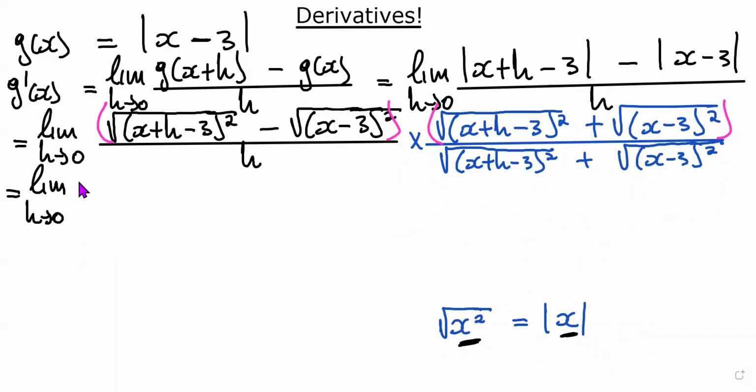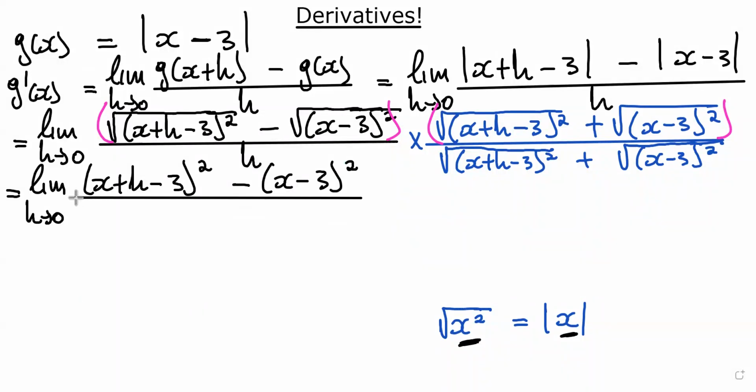Now moving on, if we multiply those first two, we get x plus h minus 3, which is squared. And here we get x minus 3, which is all squared. Then what is this divided by?